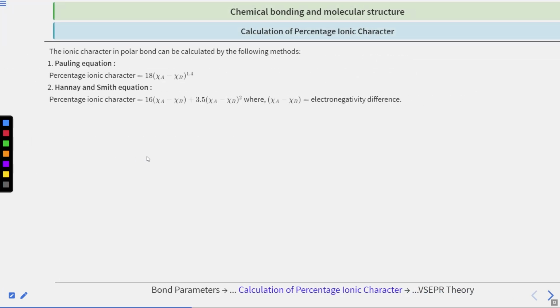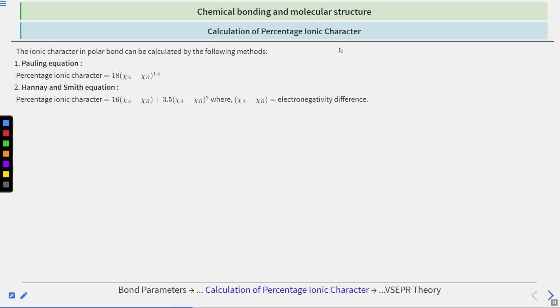Let's move to the next topic, that is calculation of percentage ionic character. If we want to calculate the percentage ionic character, what should we do? First, the Pauling equation. Percentage ionic character is equal to 18 multiplied by the mole fraction of A minus mole fraction of B, and this whole power goes to 1.4. This is the equation of percentage ionic character given by Pauling. The second one is the Hannay and Smith equation.